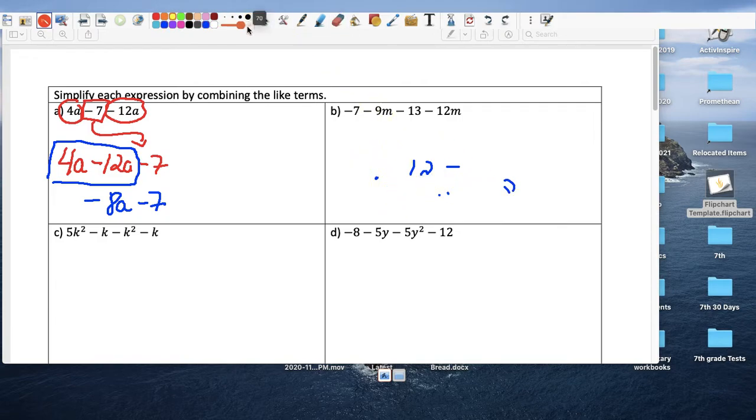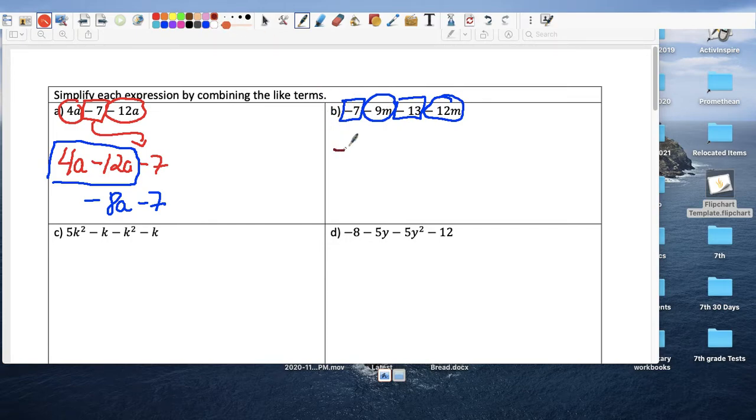Same thing here. Okay, so let's circle the like terms, and again, minus 9m and minus 12m are of the same type. Then these two are the same type. So let's move those shapes, circles next to circles, quadrilaterals next to quadrilaterals.